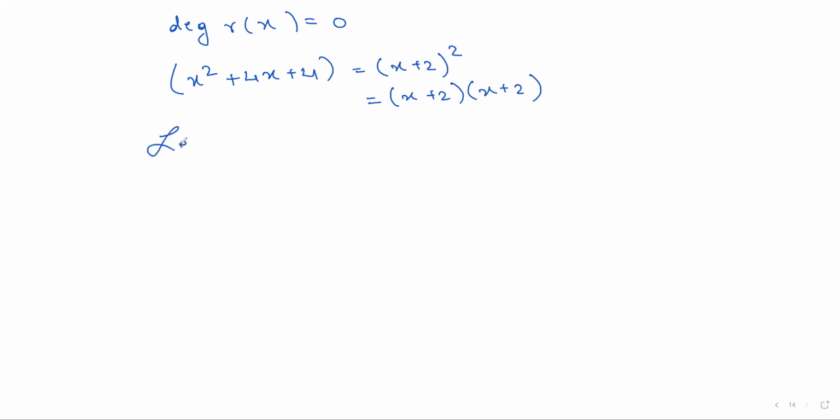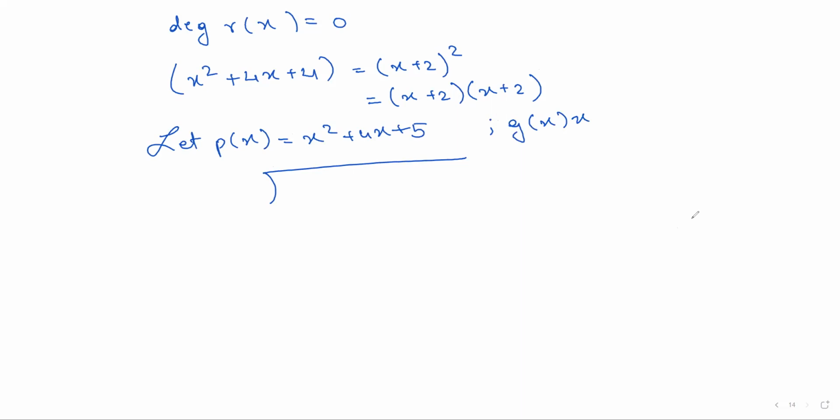So let p of x be equal to x squared plus 4x plus 5. Now this works most of the time. Let's see if it does. And you're keeping g of x as it is, x plus 2.